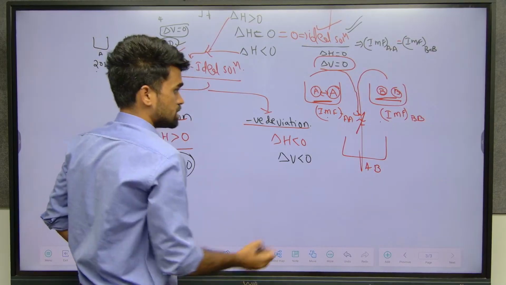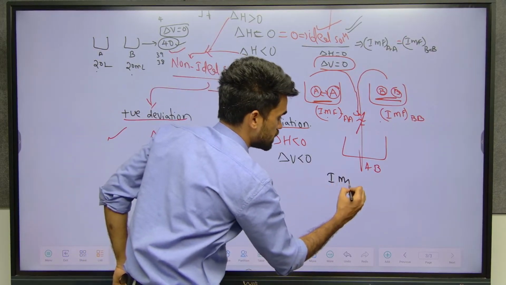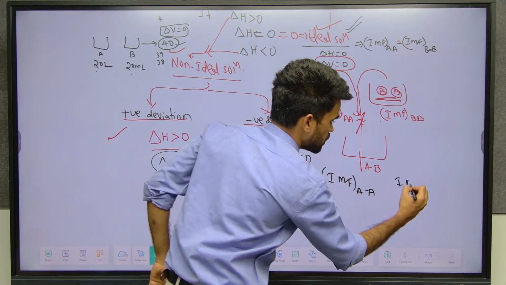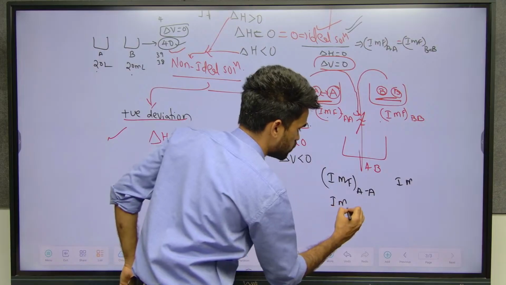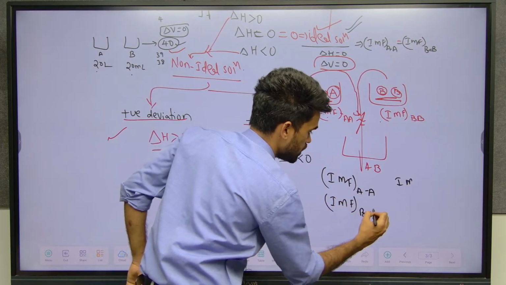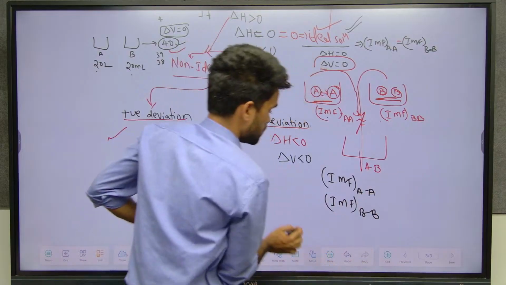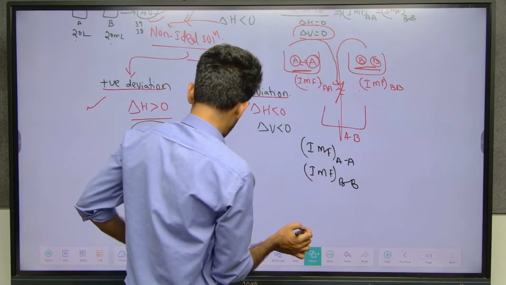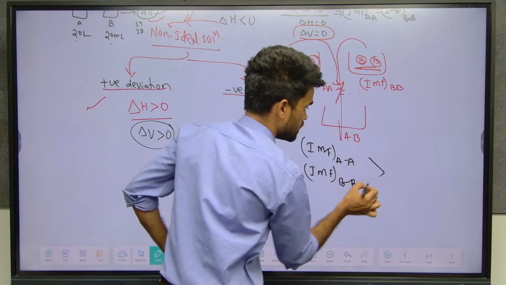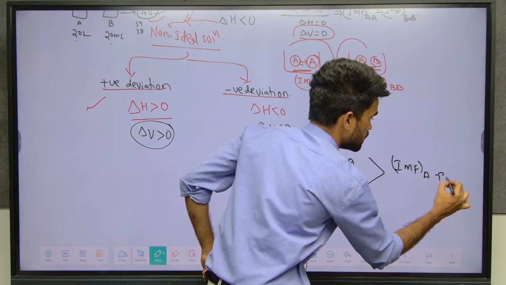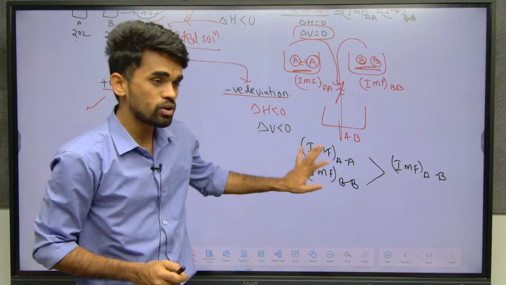Okay. See, if intermolecular forces of AA and intermolecular forces of BB are greater than intermolecular forces between AB, once again look at this condition.